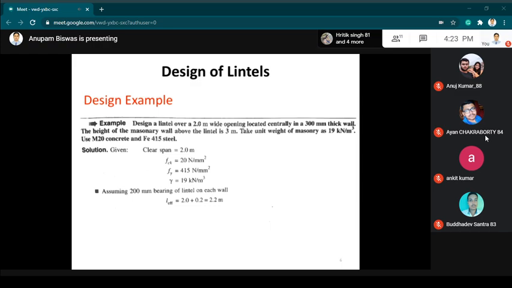Let us suppose 200 mm from both sides, 200 mm left side, 200 mm right side. So what will be the effective length? Effective length is the center to center distance of the bearing. So the clear span is 2 meter plus 0.1 meter from one side, 0.1 meter from the other side. So the total length comes as 2.2 meter. Fine.